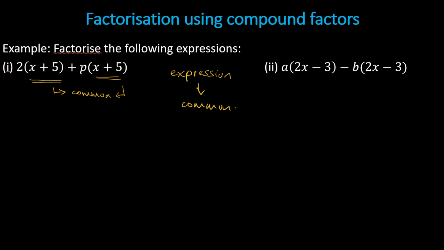Whenever we have something which is common, what do we do with it? You already know. We have to write it outside a pair of brackets. Yes or no? The common factor has to be outside the pair of brackets. So here the common factor is x plus 5. So x plus 5 should be outside. Since it is an expression, we have to write it in terms of brackets as well.